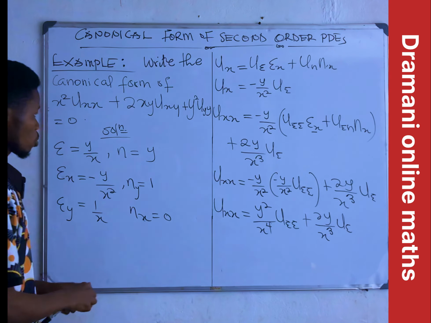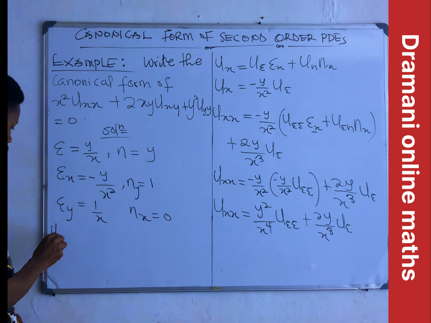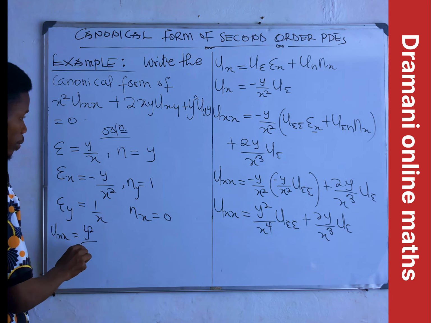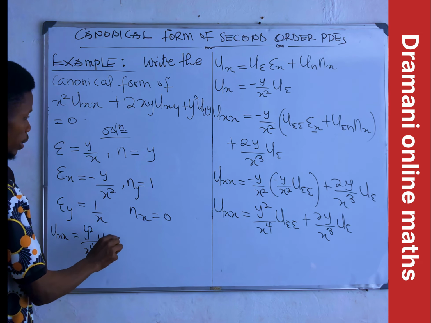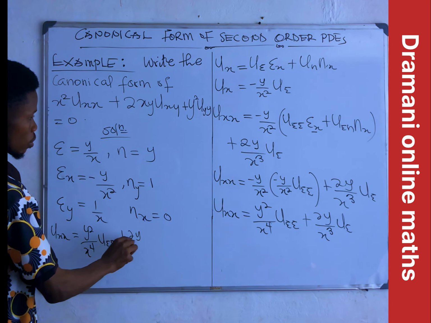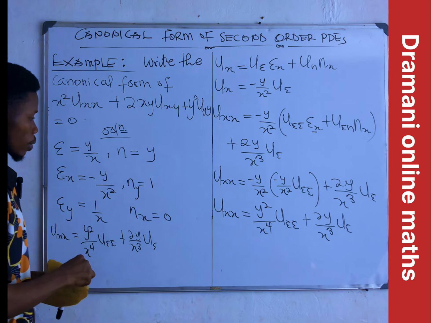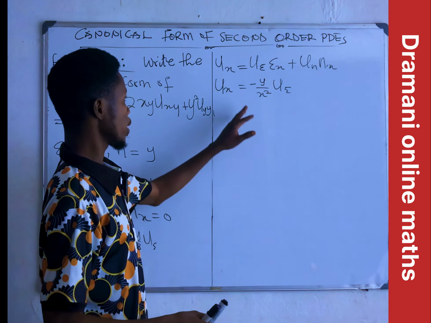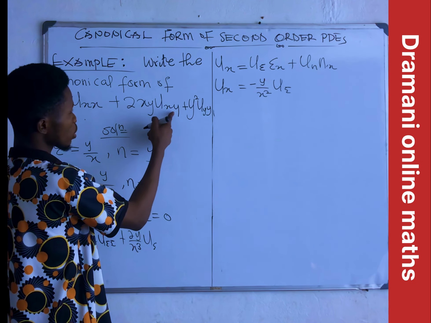Good. So let me write it somewhere here. Uxx here, which is y squared over x to the power 4 u xi xi plus 2y over x cubed u xi. Now, let's move to the next one, which is uxy.